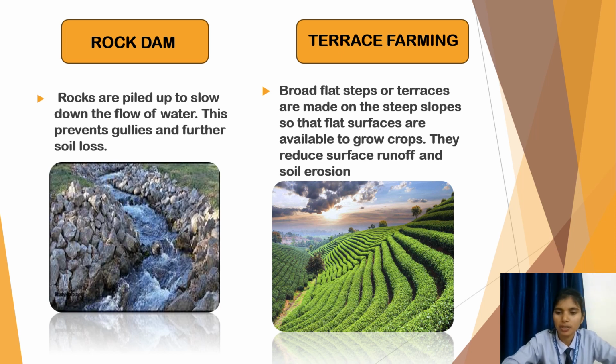Basically, terrace farming is a pattern of farming done not on the plain surface but on hilly areas. So broad flat strips or terraces are made on the steep slope so that flat surfaces are available to grow crops. They reduce surface runoff and soil erosion.